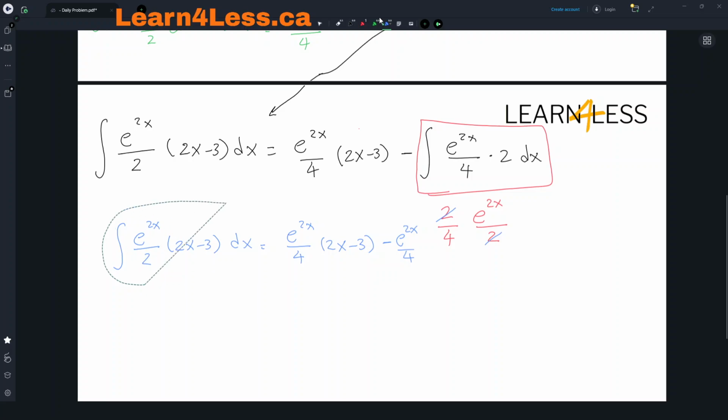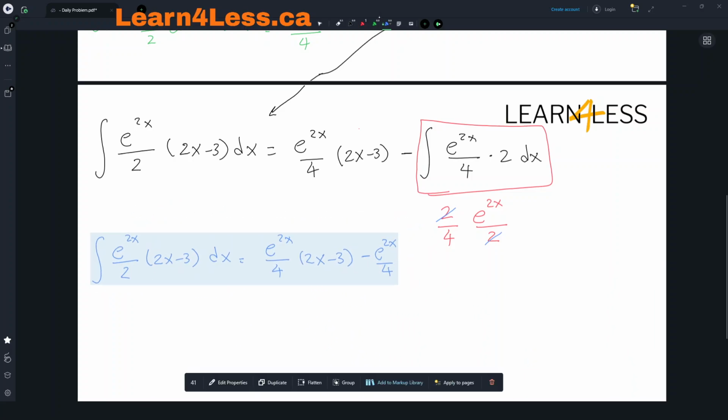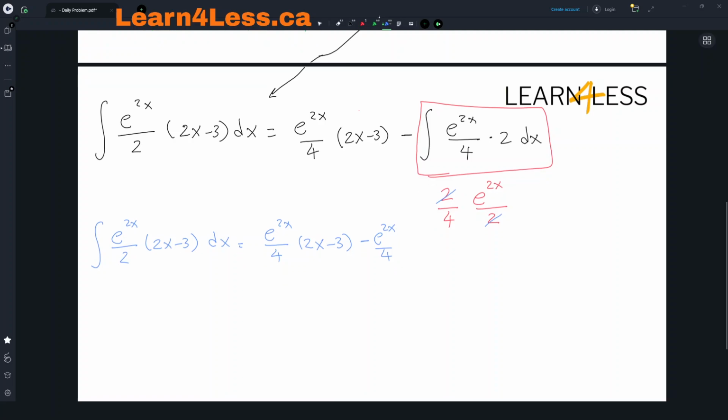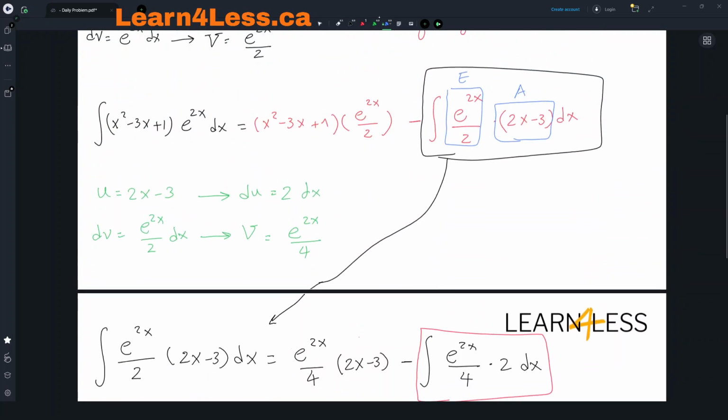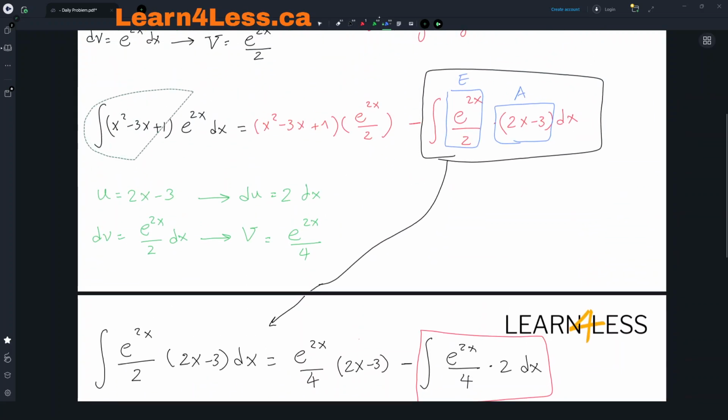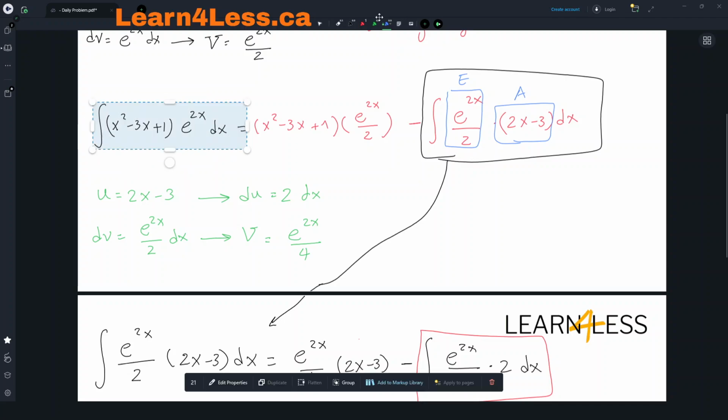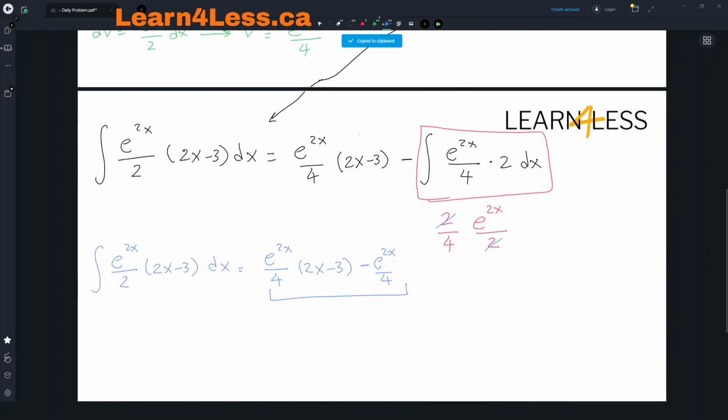Let me move this a little bit to the left so it's not confusing. So this is the answer to this integral, which was part of the previous integration by parts formula. So the final answer that we are looking for is this integral. Let me just copy this.